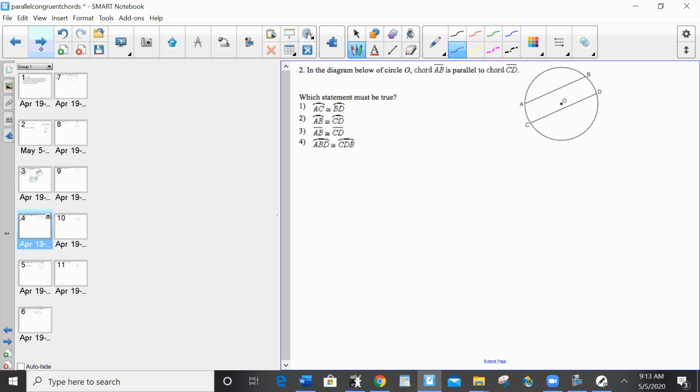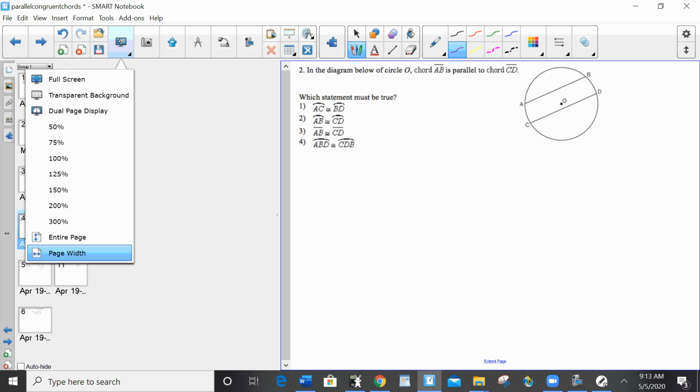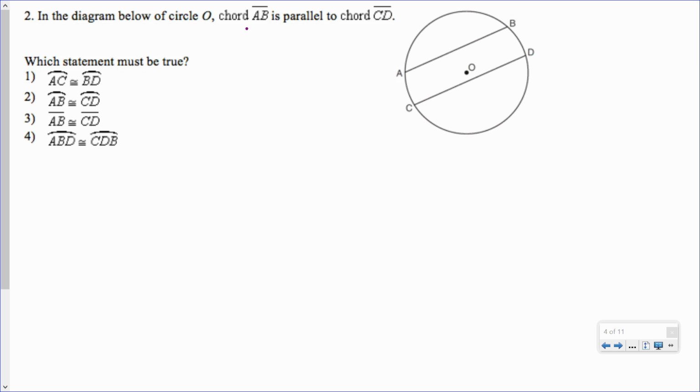I want you to take a look at number 2 on your own right now. I'll give you a little bit of a hint. It's telling us that chord AB is parallel to chord CD. I know that parallel chords intercept congruent arcs. I'm going to give you about 30 seconds to come up with your answer.